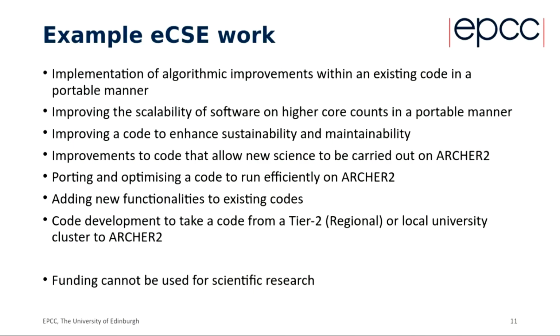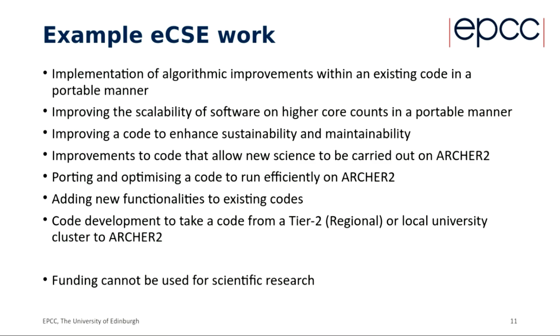You might want to be putting in improvements to a code that allow new science to be carried out. You might want to port or optimize a code to run efficiently on ARCHER2, maybe add new functionalities to an existing code. Or you might be looking to develop a code that presently runs on a tier 2 level system, like a regional system, to run on ARCHER2, so just to scale up.